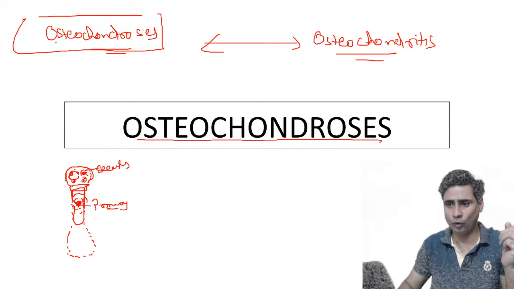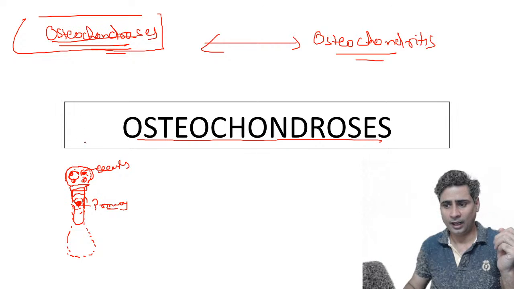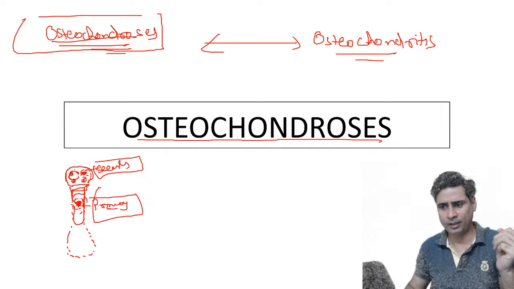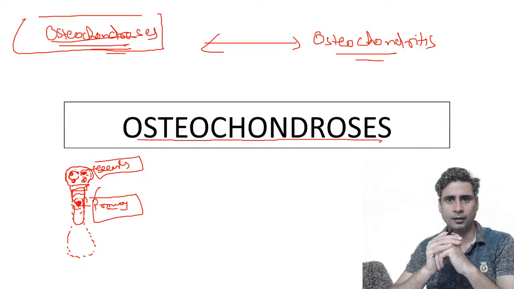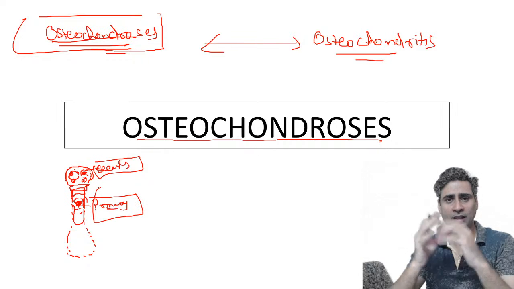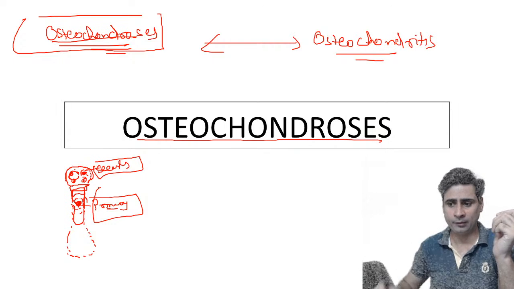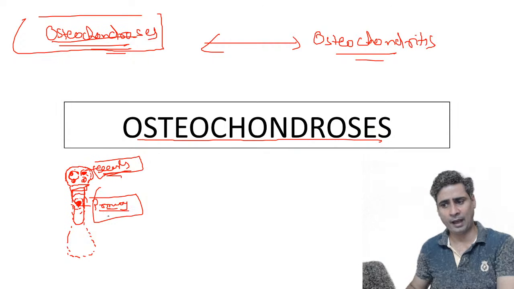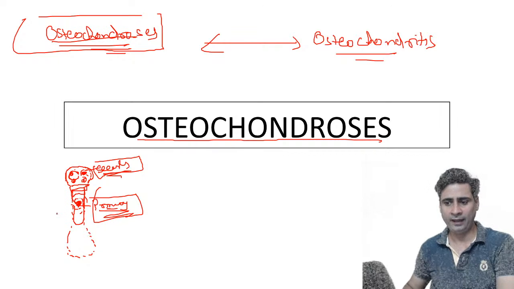Now what happens in osteochondrosis? Either the secondary ossification center or the primary ossification center will lose their blood supply. So there is defective blood supply to these ossification centers, leading to avascular necrosis of that particular center.